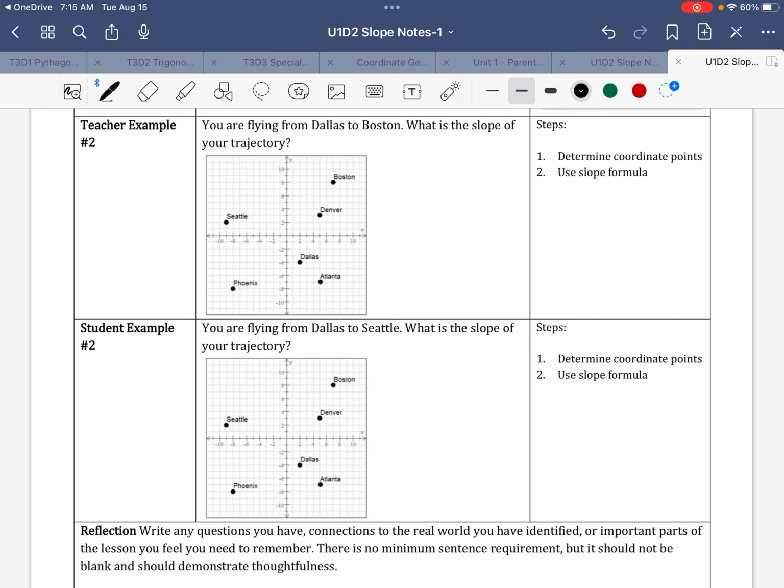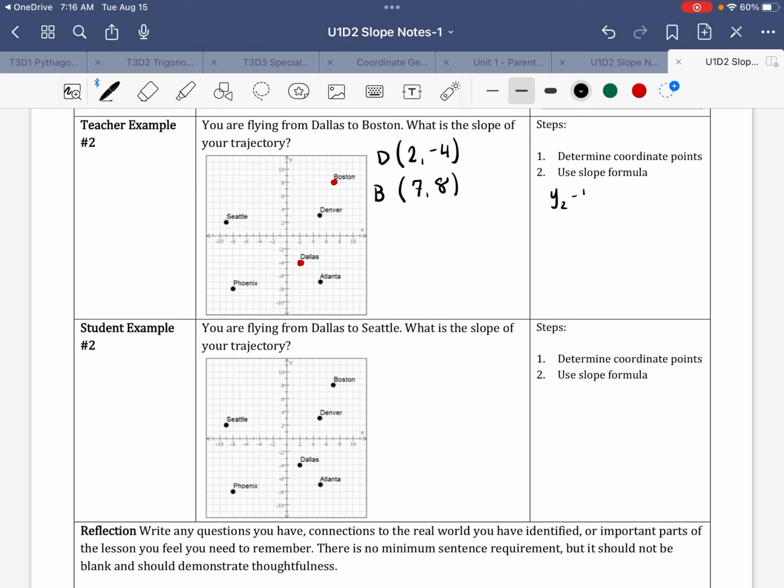So, teacher example number 2 says you're flying from Dallas to Boston. What is the slope of our trajectory? So we have to first find Dallas and Boston, and I'm going to find their coordinate points. So Dallas is at 2, -4, and then Boston is at 7, 8.